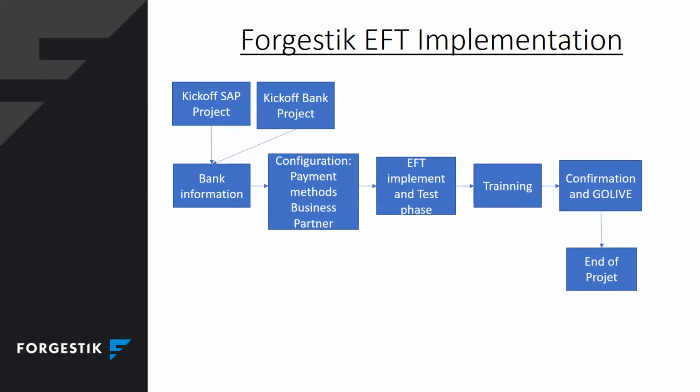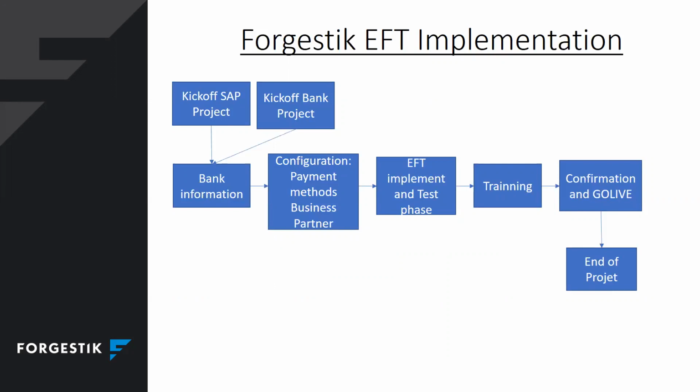And when we implement it on the Progestic side, there's two teams that start off. It's the SAP, Progestic, and the bank. I always advise you to communicate with your bank to start the service first. For them, usually it takes 2 to 4 weeks to come back to assign a technician to start the project itself.